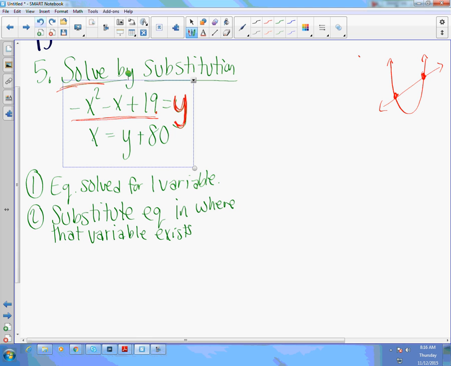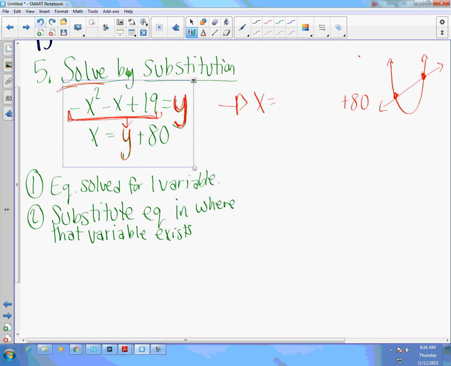So I'm going to take this trinomial right here. Since it equals y, I'm going to plug it in for that y. I'm going to replace or substitute this y right here with the y above. Okay? That's what substitute does, right? Substitution. X equals something plus 80.